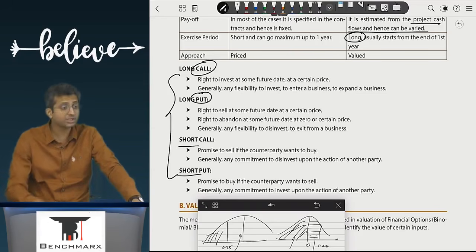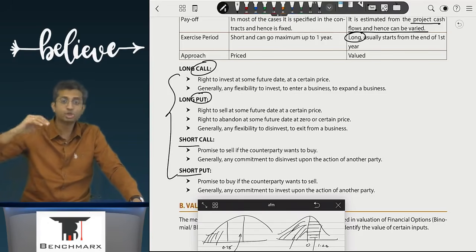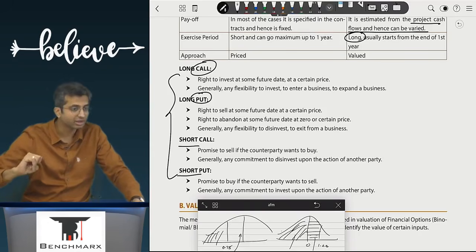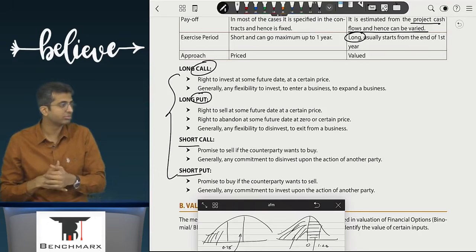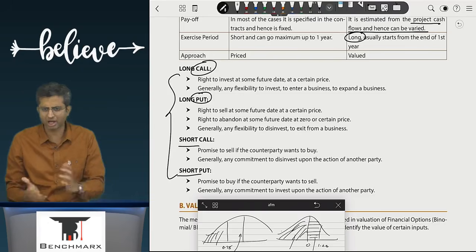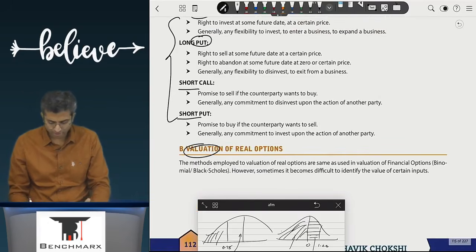Short call, short put is where you are giving that option to the other party. You are giving the option that if they want to take the project from you, they can take. Or the other way around. So these are real options like long or short, call or put. Valuation of real options will be done in the same way using binomial or Black-Scholes.